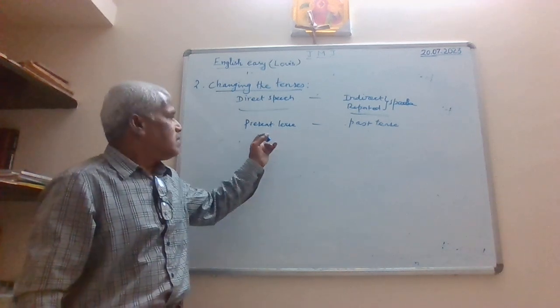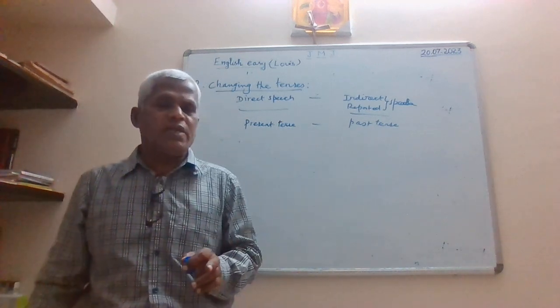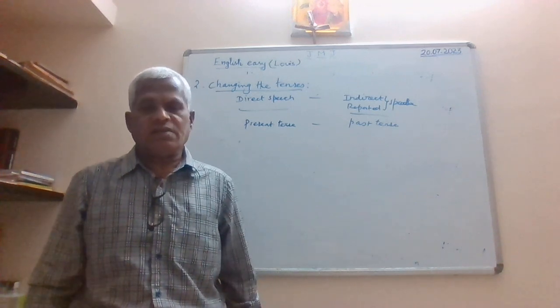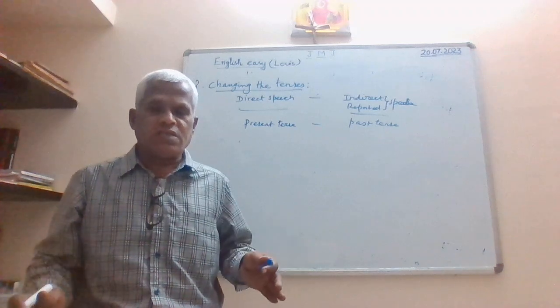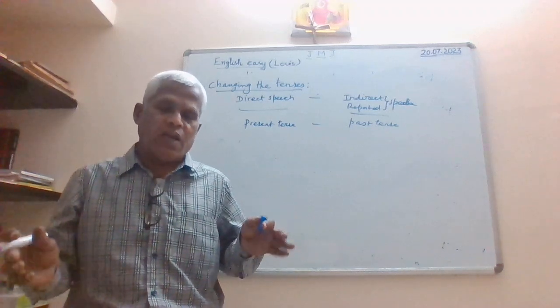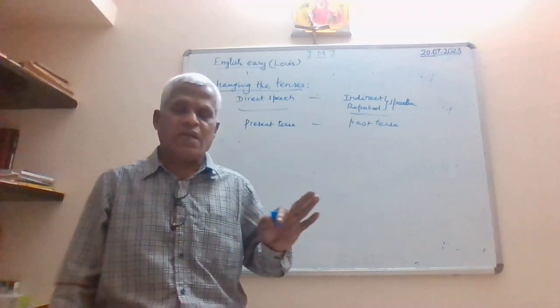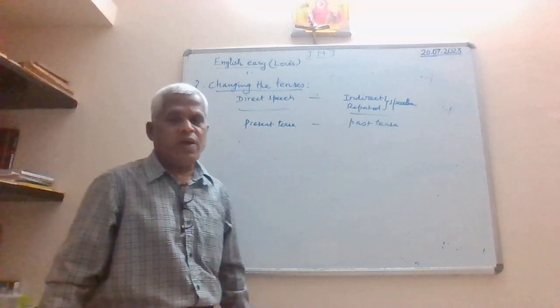Sometimes the present tense may remain as present tense if the reporting verb is written in the present. The teacher says, I am alright. Or the students say, I am alright, or we are alright. See? The same tense can be maintained there. But general rule is present tense is changed into past tense.